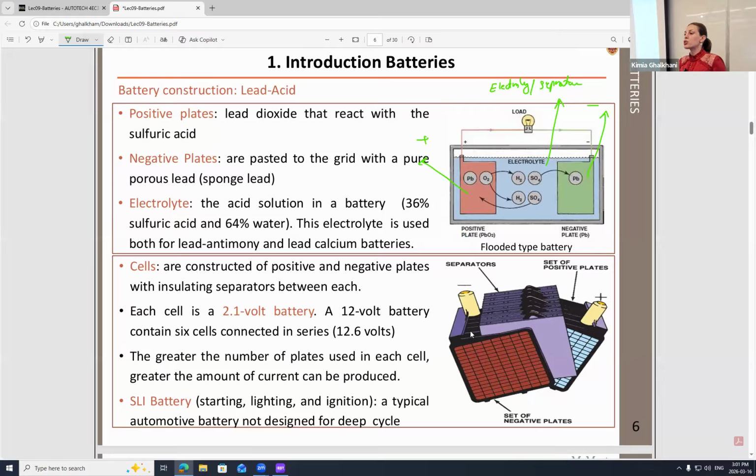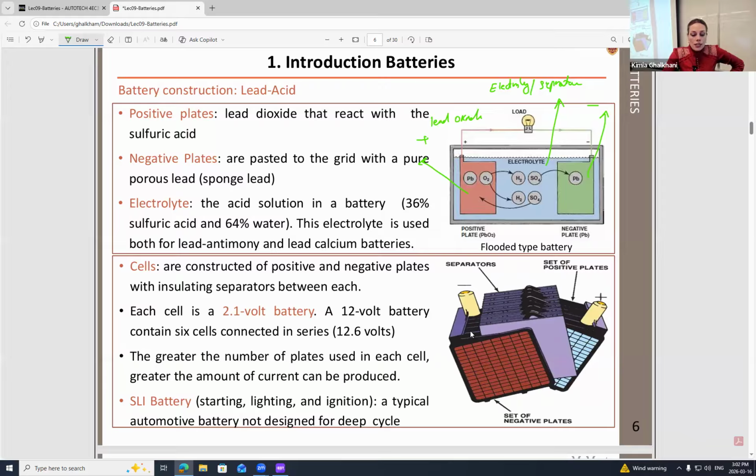So it could be a combination of water or any type of acid solution, right? So it could be different material based on the application. Positive electrode, what you see in here, it has lead oxide, Pb and O2. Lead oxide, I'm gonna write it. This one has lead oxide.